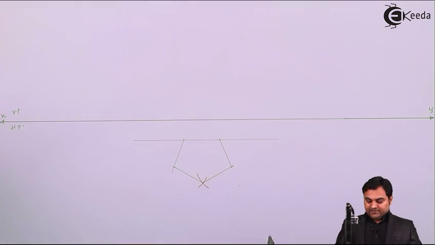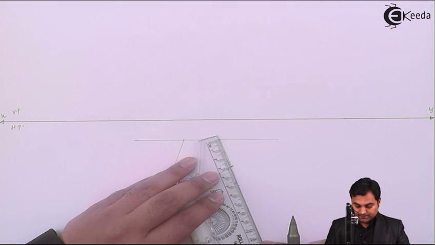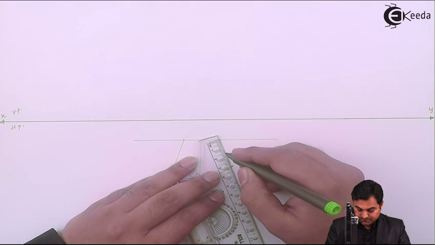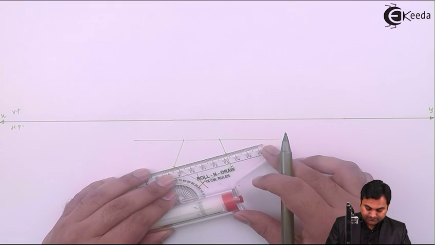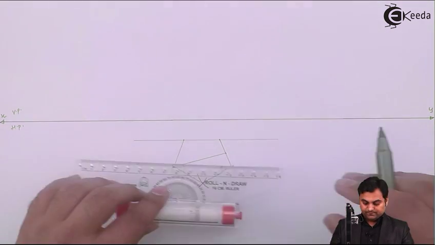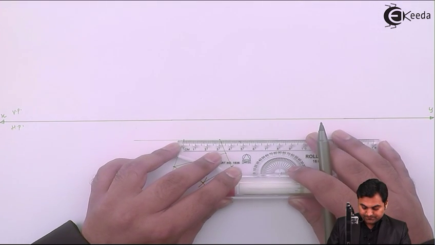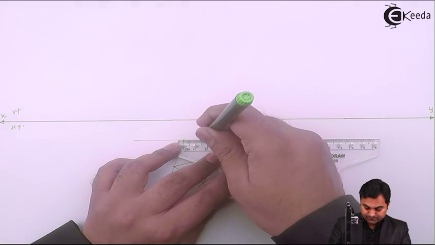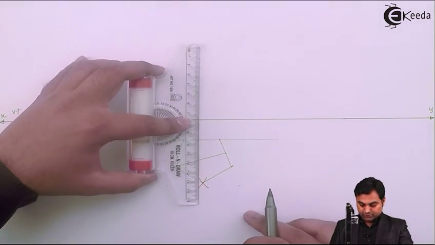Next, I'll mark the apex for this pentagonal pyramid, and for that I am going to take the midpoint of any one of the sides, join it to its opposite corner. Then I'll take the midpoint of any other side, joining it to its opposite corner.